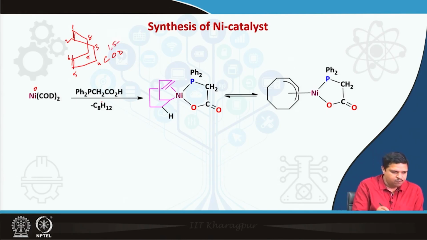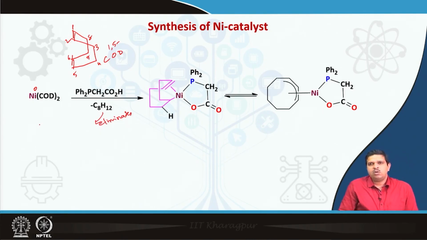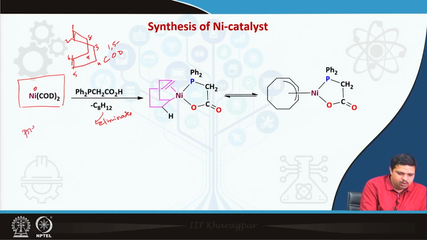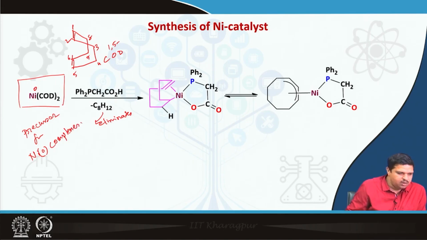If you take the phosphinoacetic acid, one COD is eliminated here, because the alkene is weakly bound. However, it acts as a chelating ligand. That's why it is very easy to prepare. It's a very good precursor for many nickel zero complexes, which can be very easily prepared in the lab.